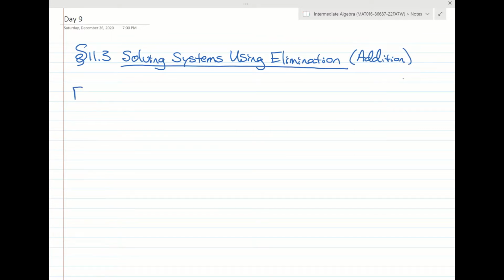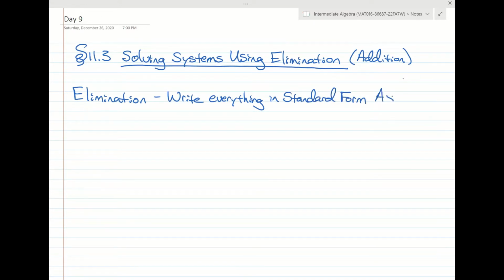The way that we do this is, first step is you write everything in standard form. And standard form just means the x's and the y's are on the same side.